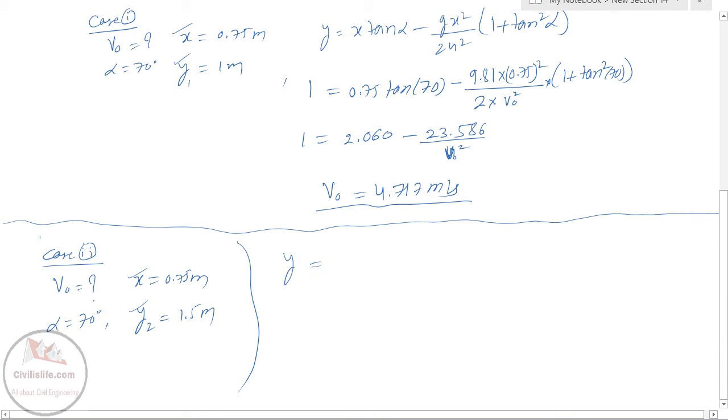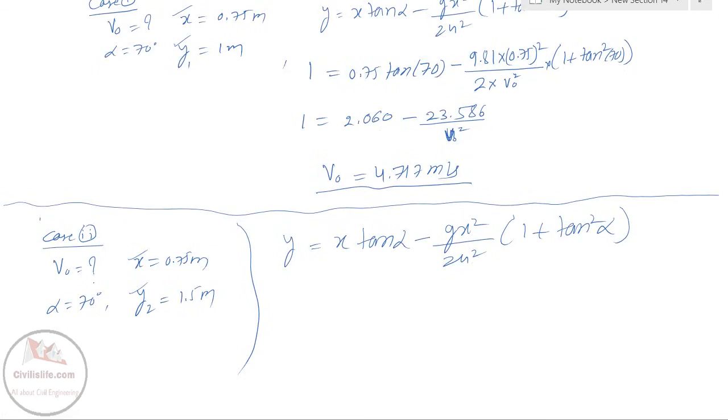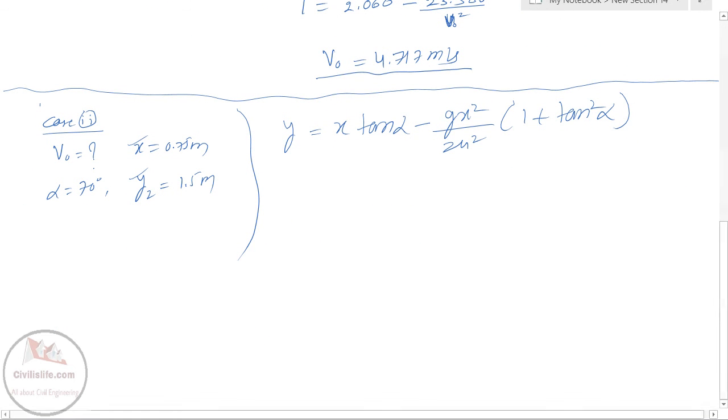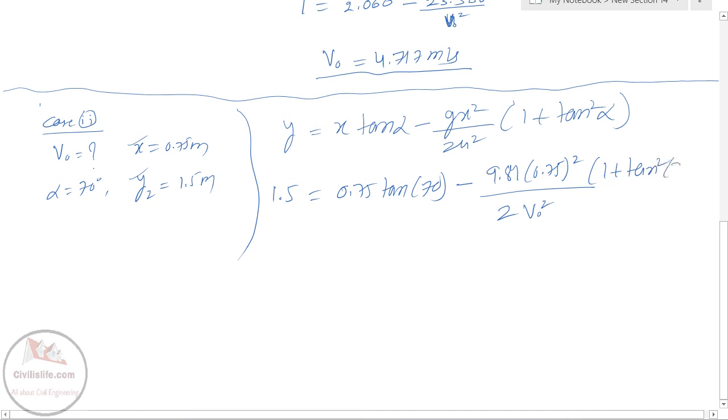So using the equation of trajectory, x tan alpha minus g x square upon 2 u square, 1 plus tan square alpha, substitute the values in this one, that is 1.5 is equal to 0.75 tan 70 minus 9.81 times 0.75 square upon 2 v naught square, 1 plus tan square 70.